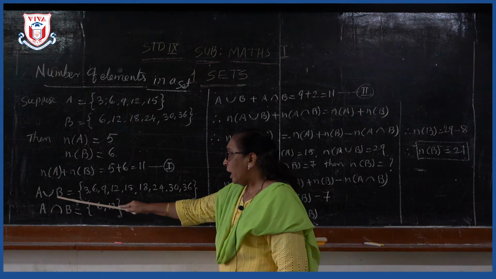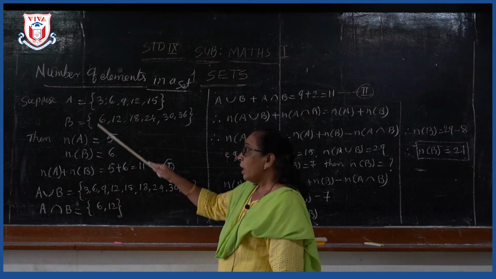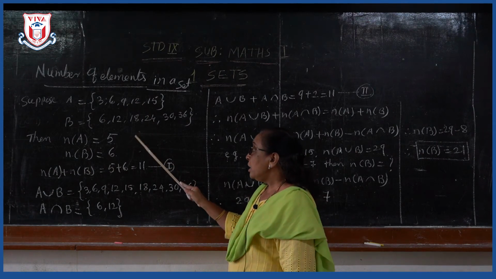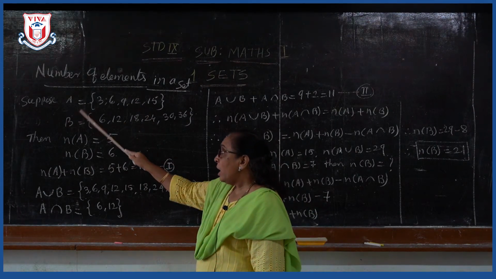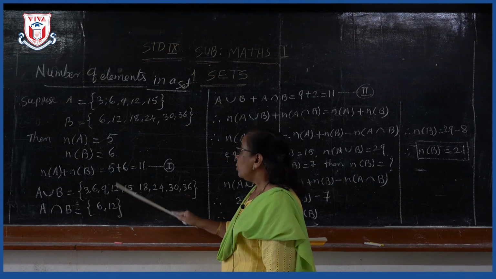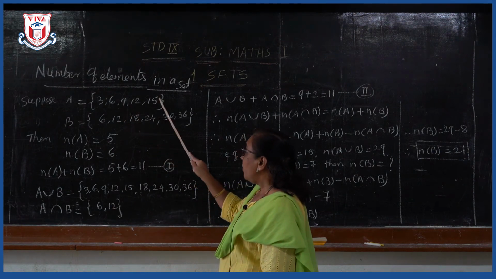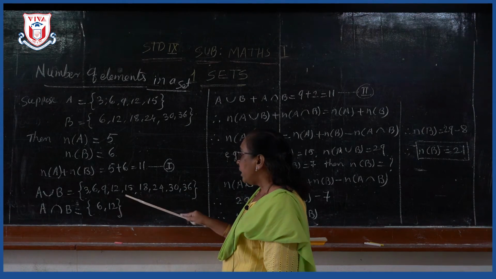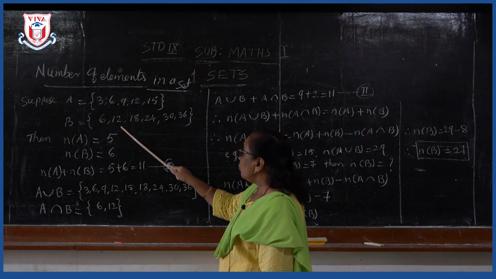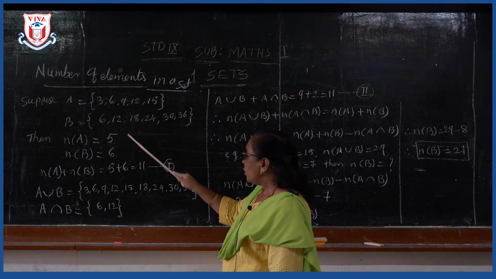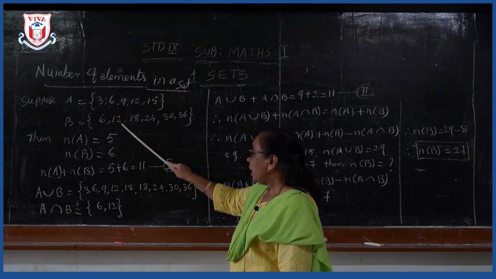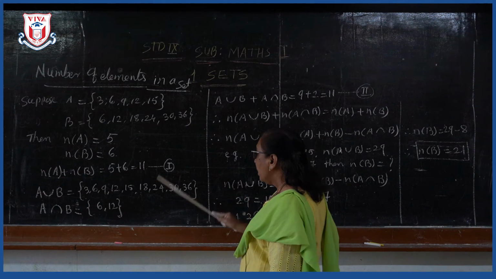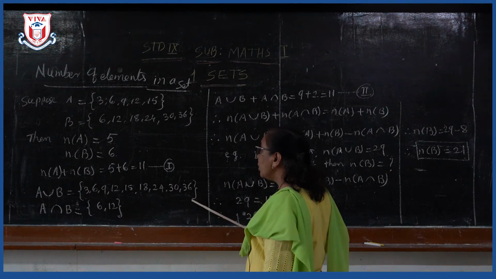Now let us write A union B. Union set means what? The element belongs to set A or set B. So 3, 6, 9, 12, 15. Now see 6 is repeated, so we are not writing that. Then 12 is also repeated in both, so that is also not written. So after that 18, 24, 30 and 36 are written.